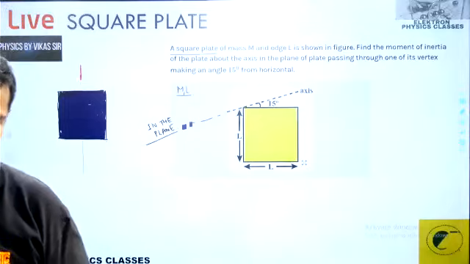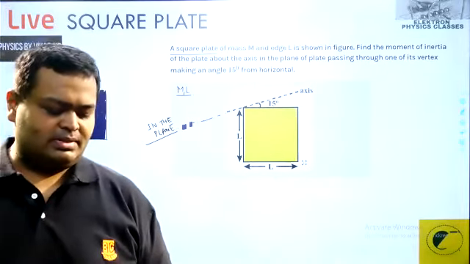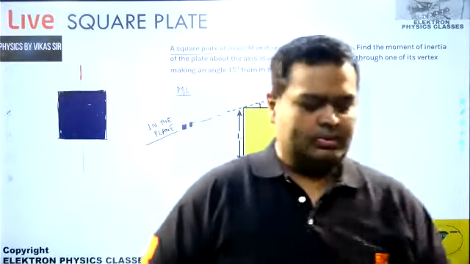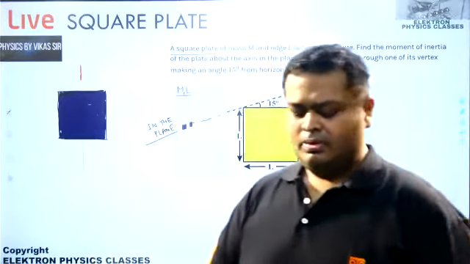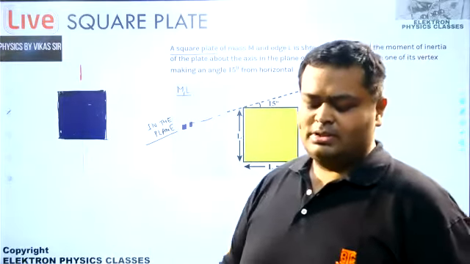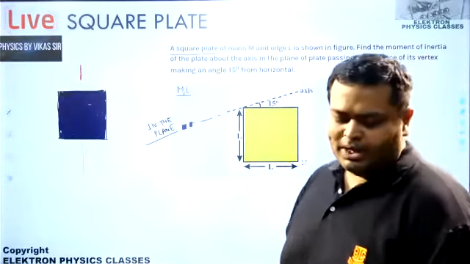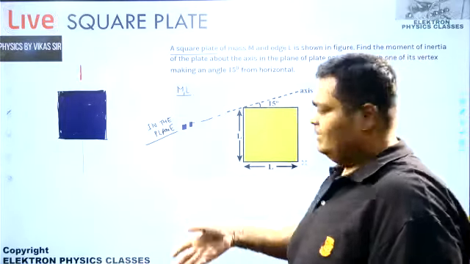No, this is wrong. 7 by 12 ml square is a wrong answer. It's not a rod, so it's not ml square by 3. Ml square by 12 is not the correct answer either. Ml square by 12 has to be through the center.